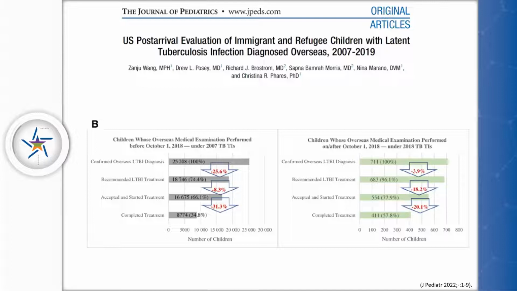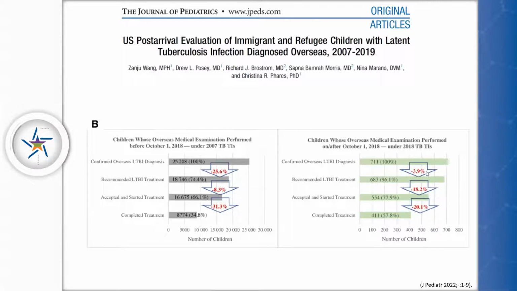And I think this has a lot to do with the fact that everyone thought the TST was due to BCG, and no one really recommended the children go forward for treatment. So once we have an IGRA, which does not have that baggage of a false positive rate, you see a significantly decreased drop.